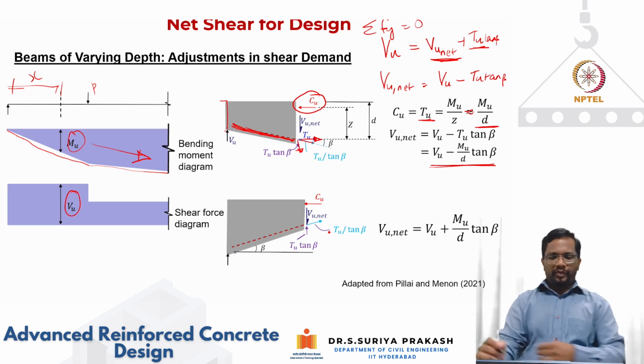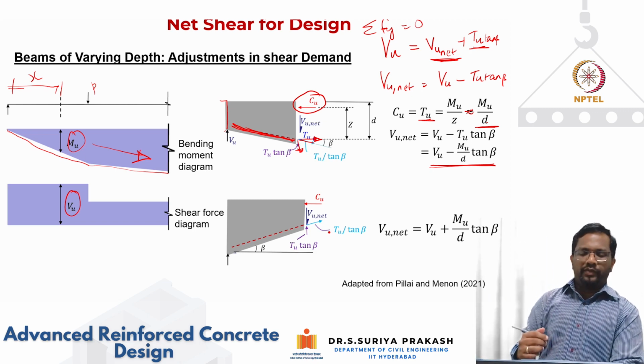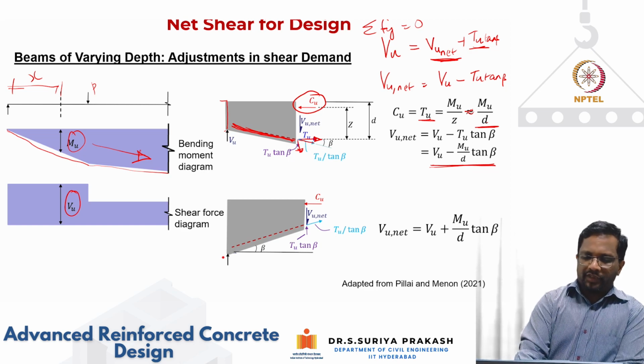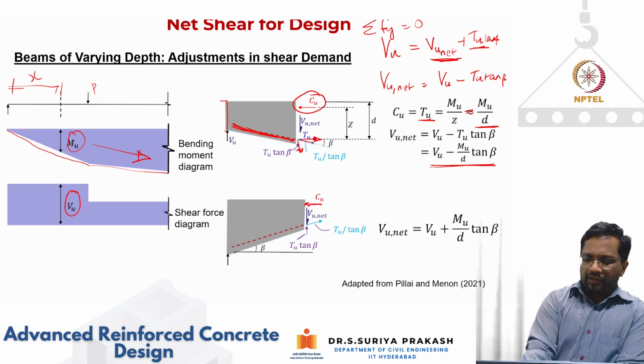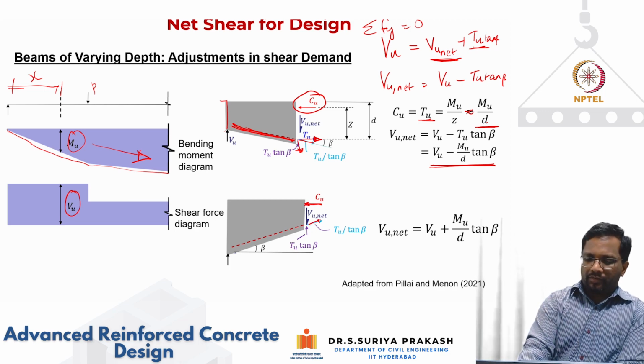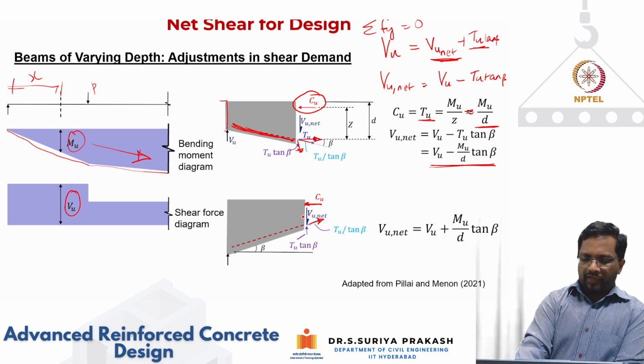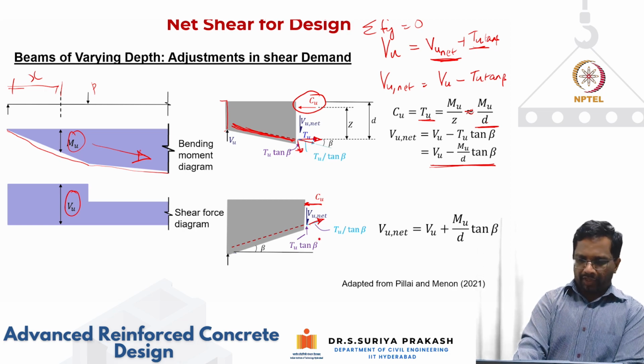So again, if you look at the free body diagram of the next case, I am saying that my net shear is like this, and compression force is like this, and then the tension force is going to be like this. Now you will have a vertical component, same Tu by tan beta, which is Tu tan beta.